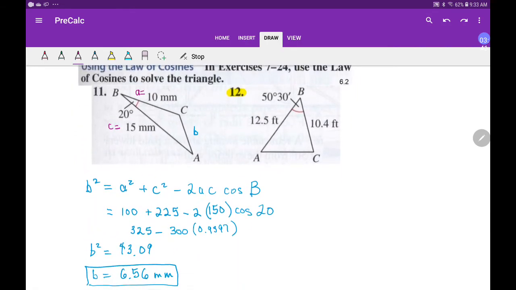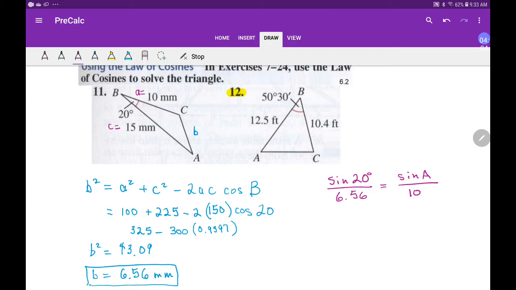So we're going to say the sine of B, which is 20, over B, which is 6.56, is equal to the sine of, the little one, we'll say A, sine of A over 10.